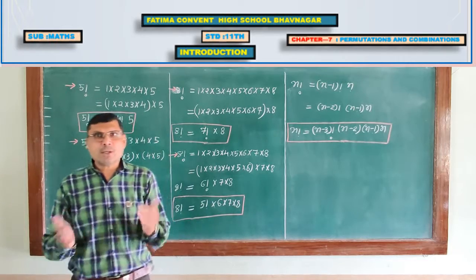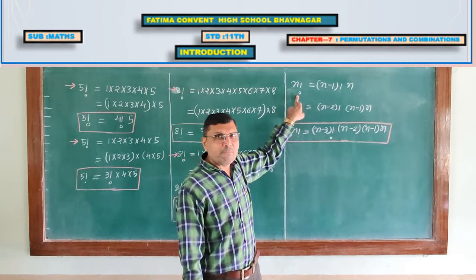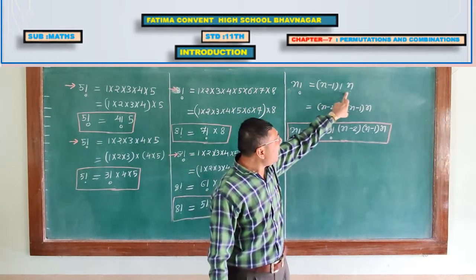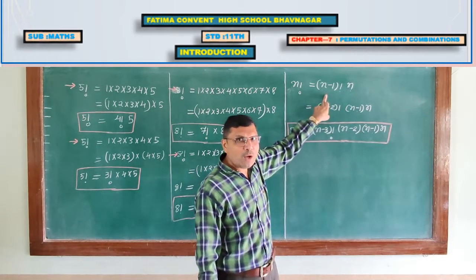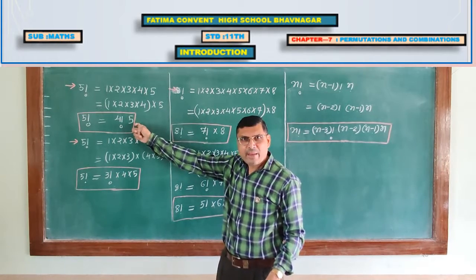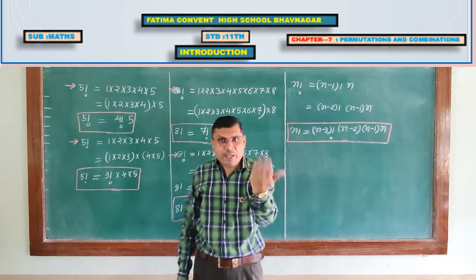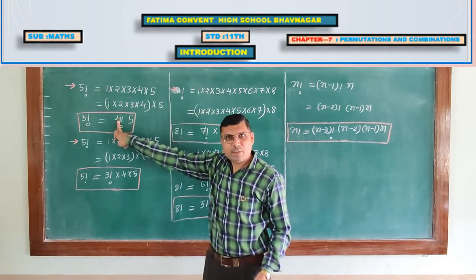Now, how to generalize? Let us see that n factorial is nothing but n into n minus 1 factorial. Compare with this one, n equals 5, n minus 1 is 4 factorial.